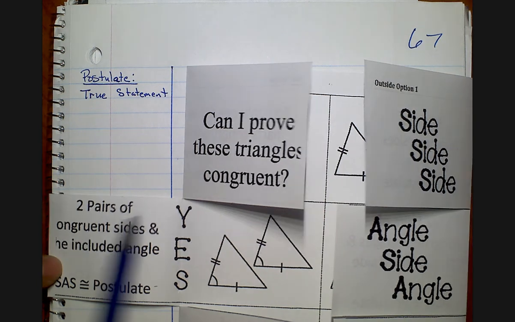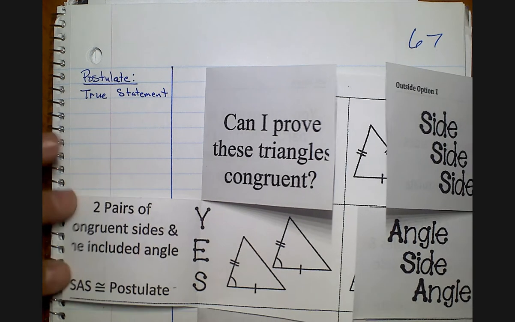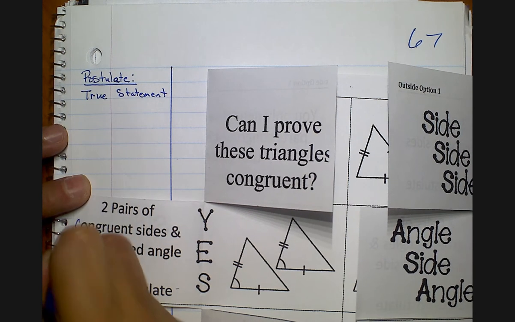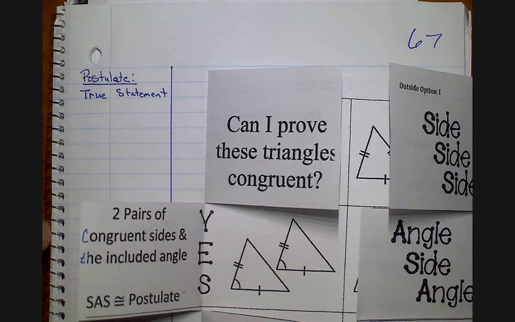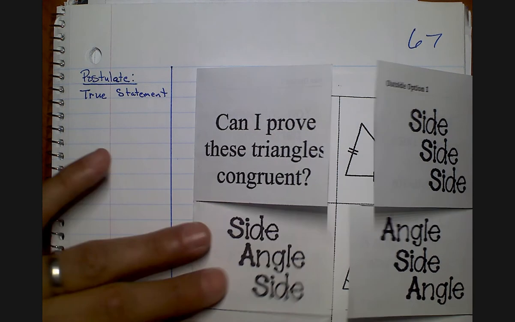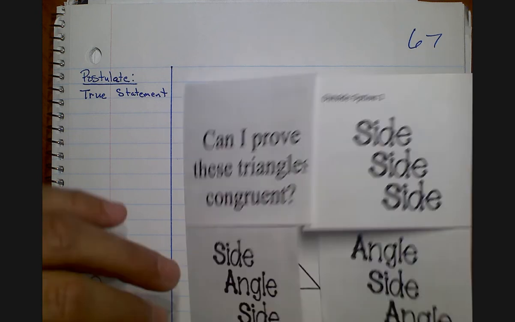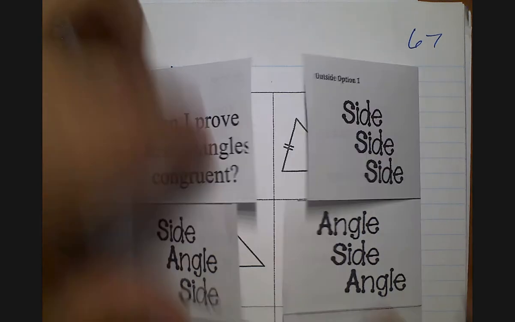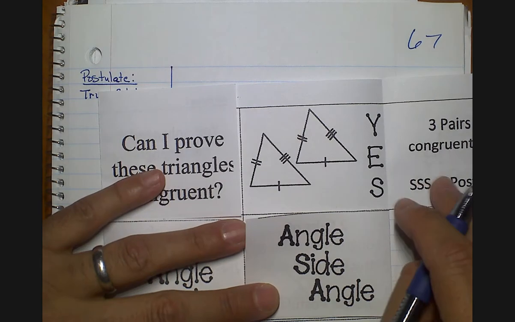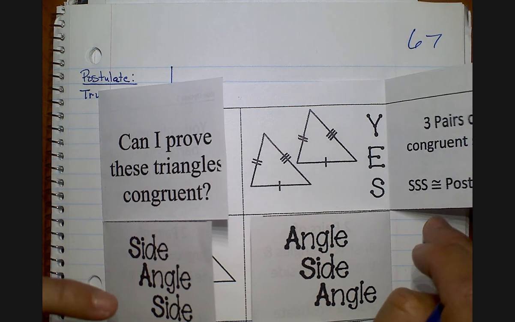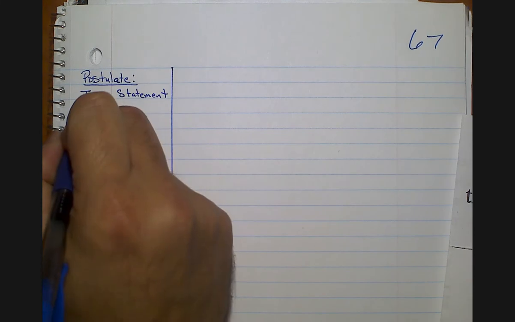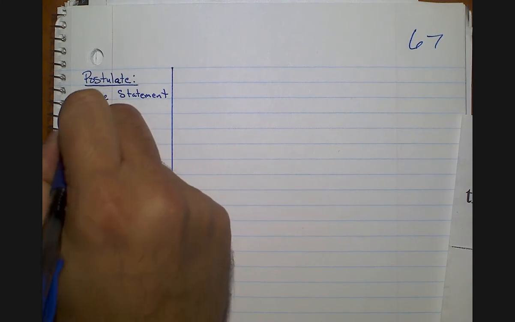Two pairs of congruent sides and the included angle. Oh wait, no, that's side angle side. Did I do the wrong one? Here it is. Three pairs of congruent sides. Okay? Three pairs of congruent sides. So the definition for that one, side, side, side, is a very good one.